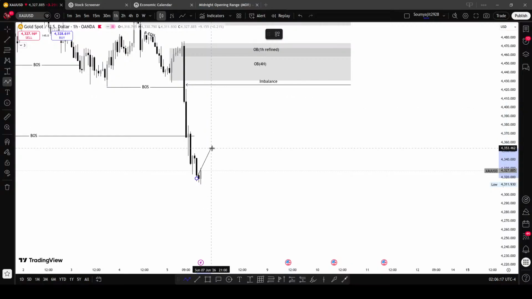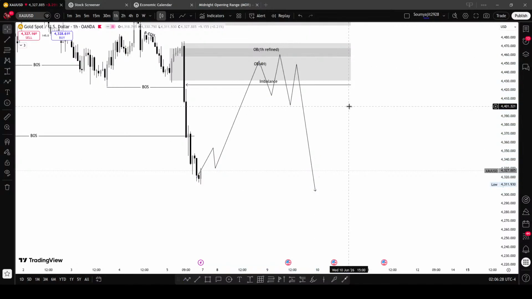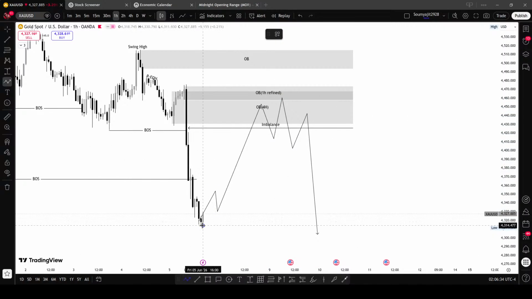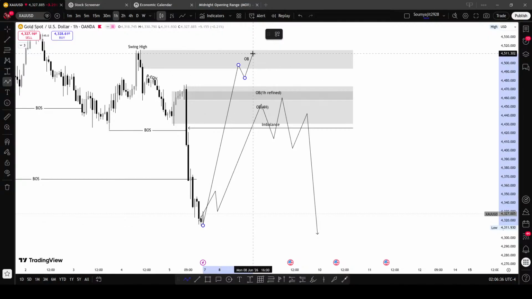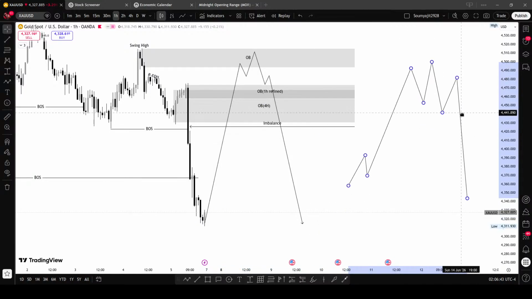Now price can do two things. Retracement is very unlikely on gold, but still. These are the two possible plans over here right now.